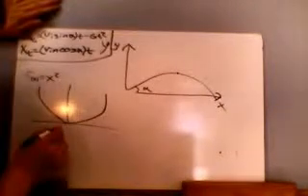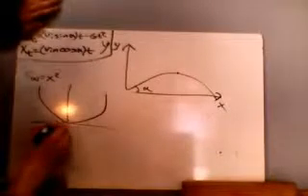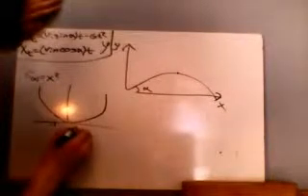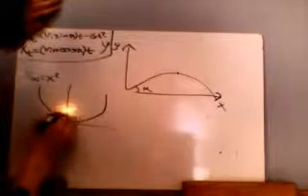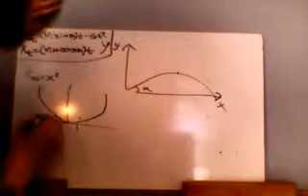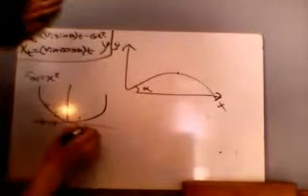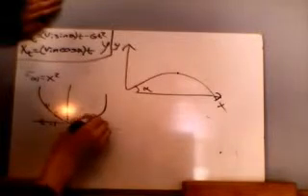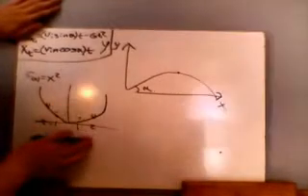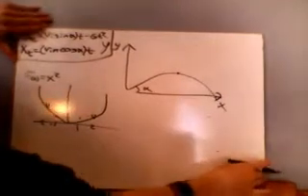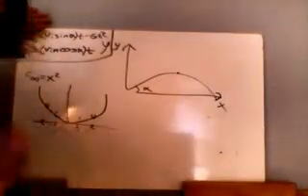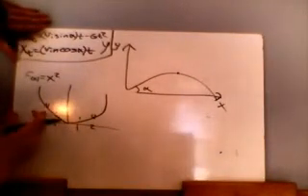So at -1, you get 1. At +1, you get 1. At -2, you get 4. At +2, you get 4. So you notice that it doesn't matter which side of the y-axis I'm at, as long as we have this apex here, these two sides are always going to be symmetrical. They're always going to add up to the same.